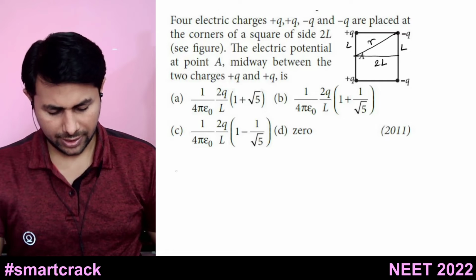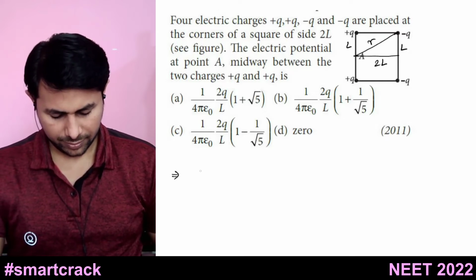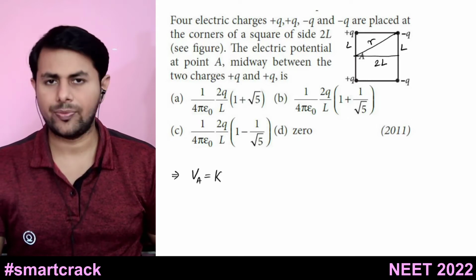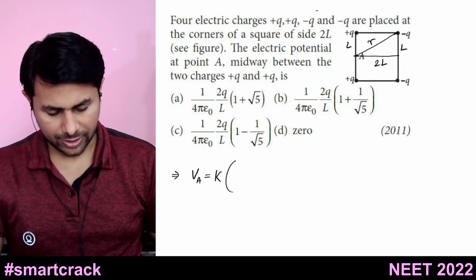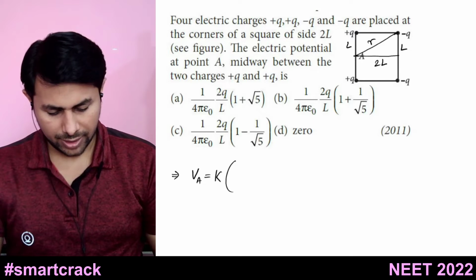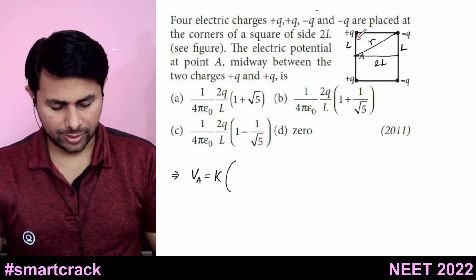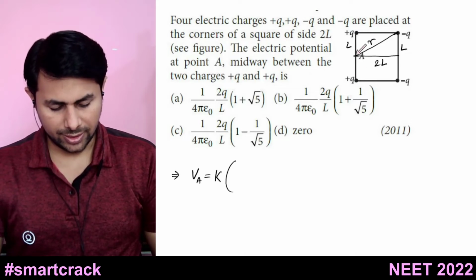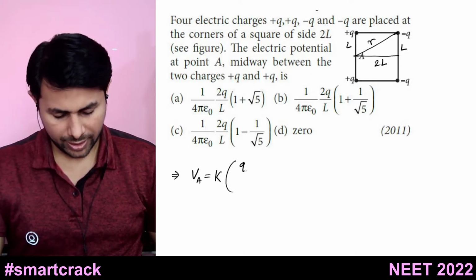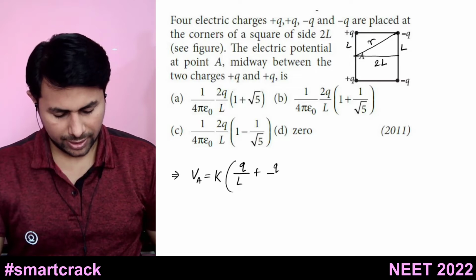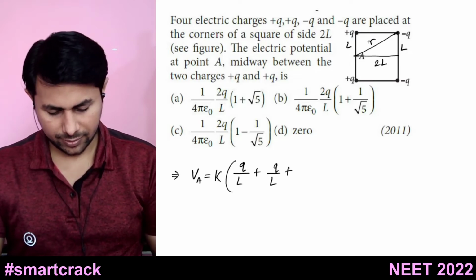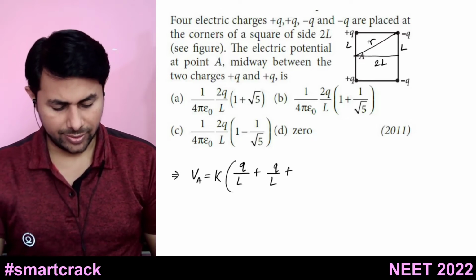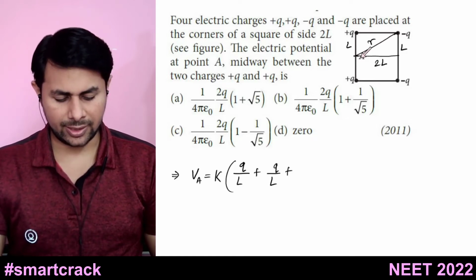So potential at A, let's call it VA, will be equal to 1 upon 4 pi epsilon naught, we can take it outside, multiplied by q upon this distance l, plus q upon l, plus minus q divided by this distance r.